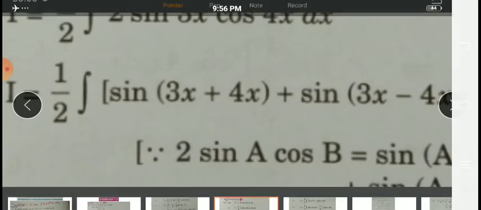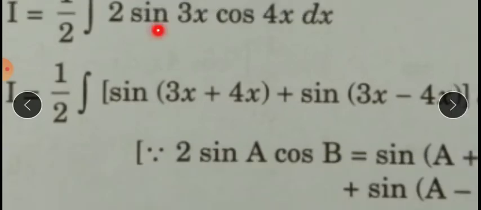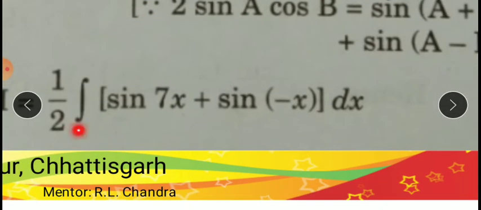Using this formula, in this question 3x is a and 4x is b. Substituting in the formula sin (a plus b) plus sin (a minus b), that is 1 upon 2 integration, 3x plus 4x is 7x, that is sin 7x, plus 3x minus 4x is minus x, that is sin minus x.